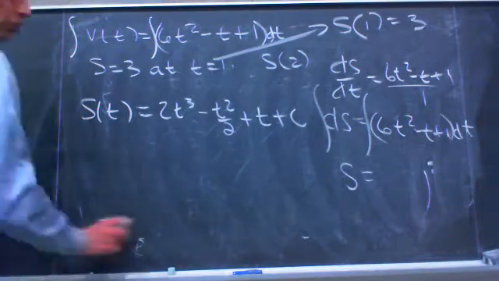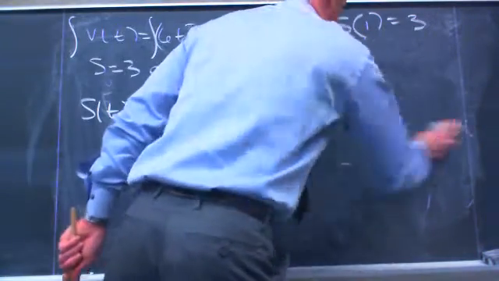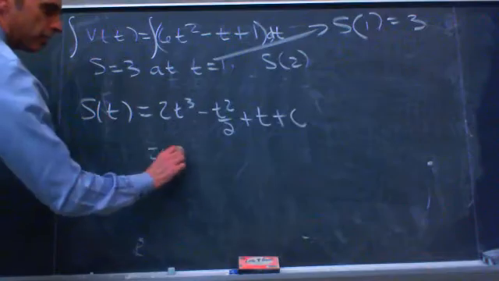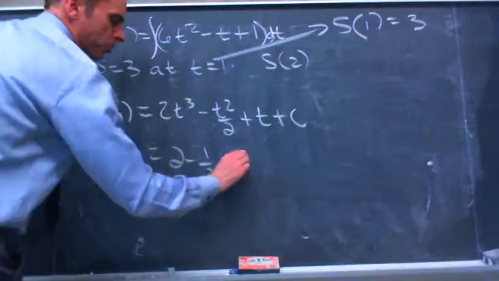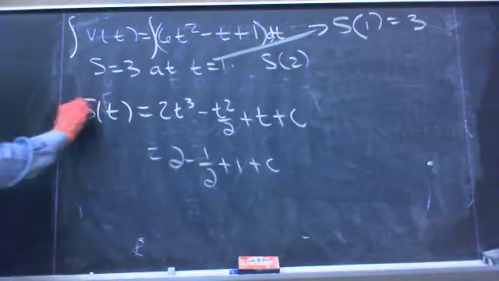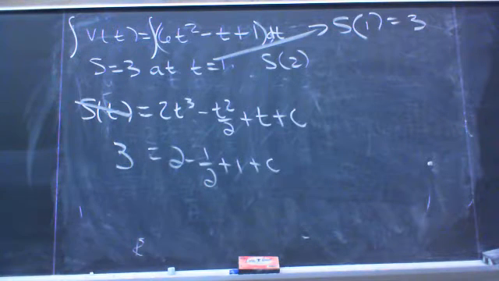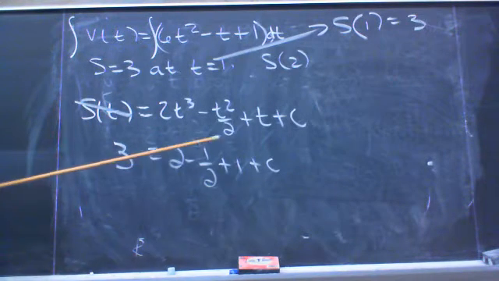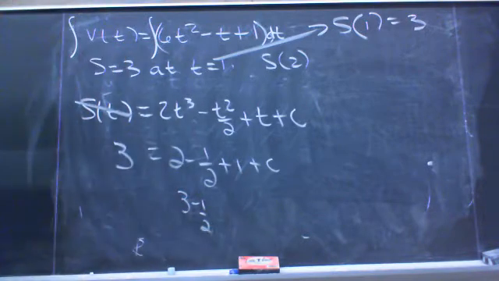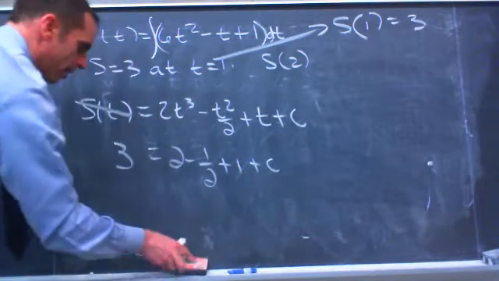So now I have to solve for c. What I will do is substitute when t is 1. So I'll get 2 minus a half plus 1 plus c. And s is 3, so that means this is 3. So 2 plus 1 is 3. 3 minus a half, that's 6 minus 1 is 5 halves.